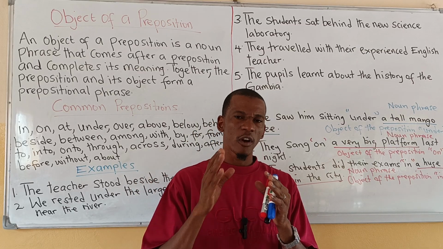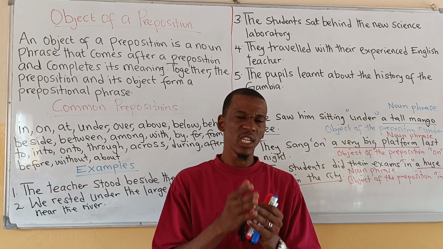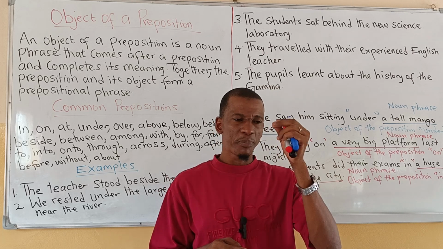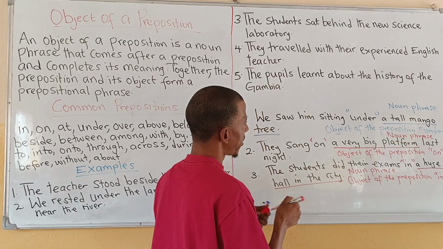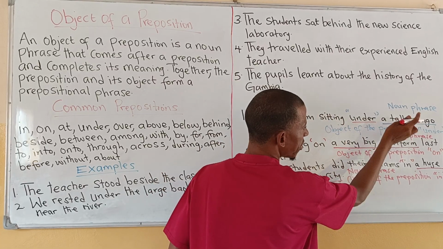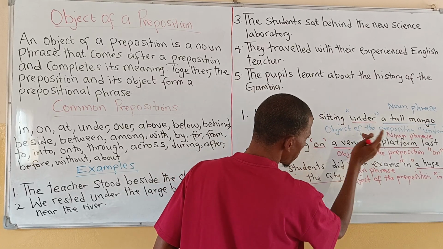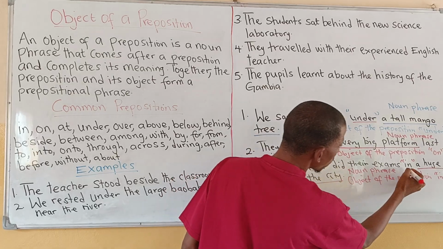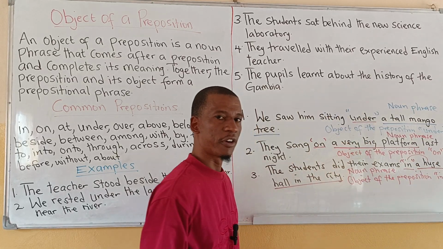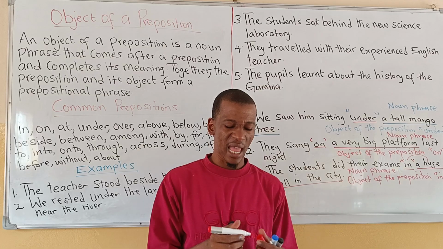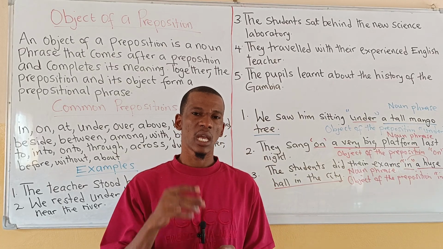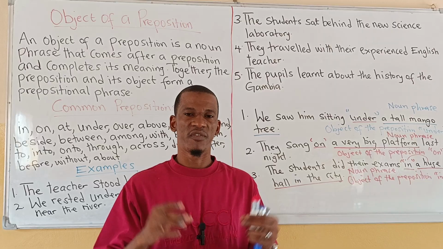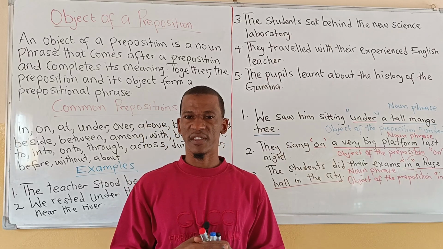When a noun phrase functions as the object of a preposition, it means that you have a preposition in the sentence before the noun phrase, just like we have here. The preposition before the noun phrase, and the preposition also here before the noun phrase. So if you see sentences like this, then you have to conclude that it is a noun phrase and it functions as the object of the preposition. Then you put them in inverted commas.